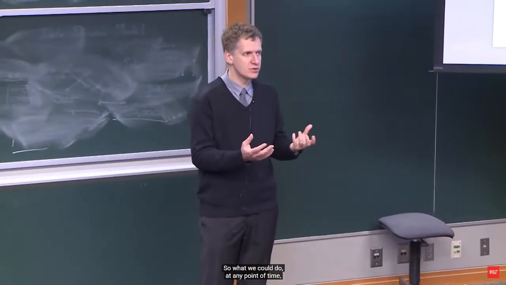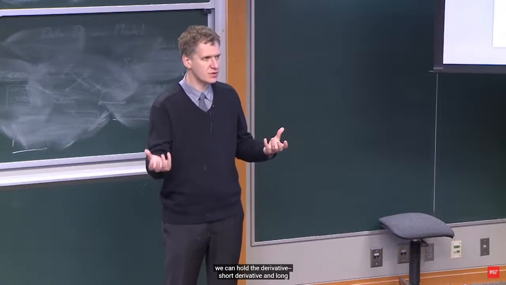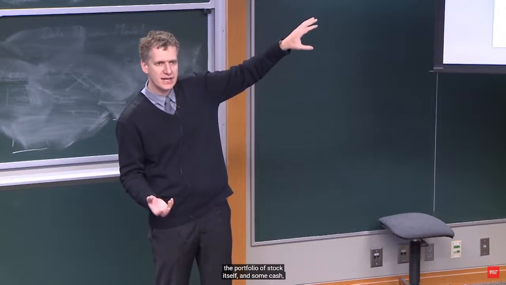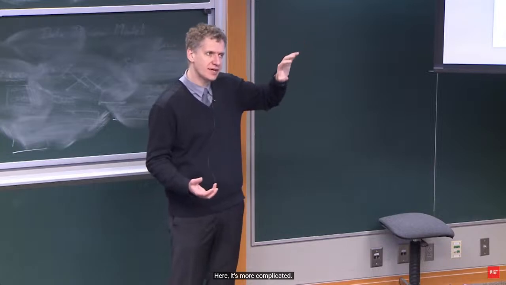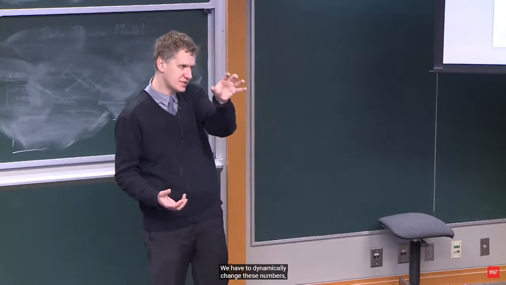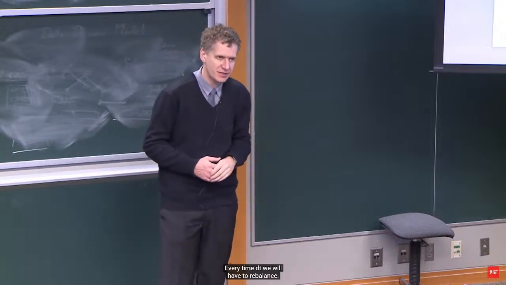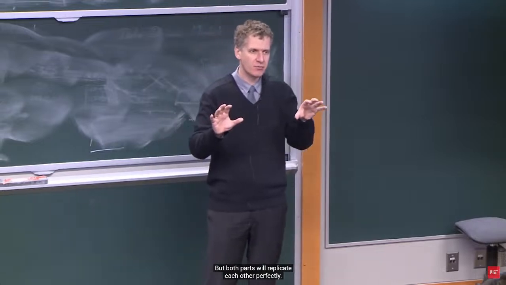So what we could do at any point of time, we can hold the short derivative, and long the portfolio of stock itself and some cash, and we know how much it should be. Here it's more complicated. We have to dynamically change these numbers as time develops. Every time dt, we will have to rebalance. But both parts will replicate each other perfectly.